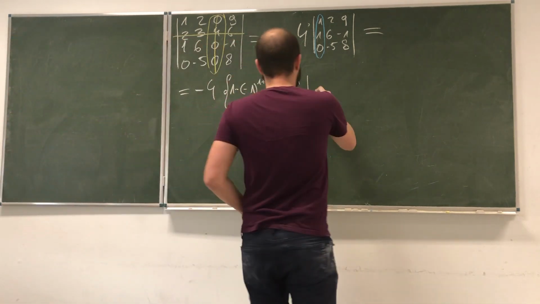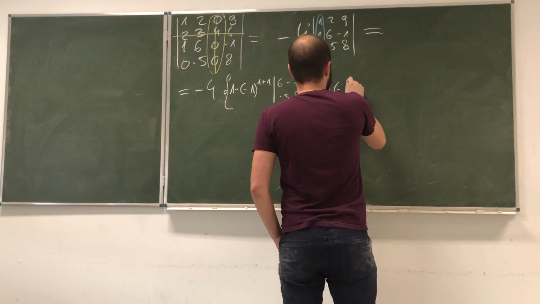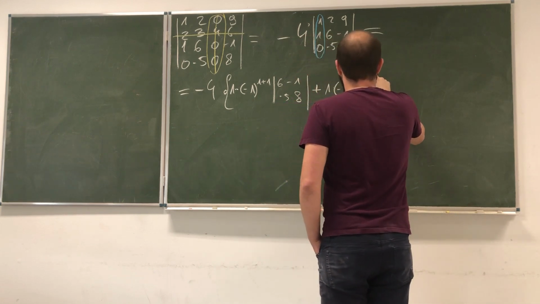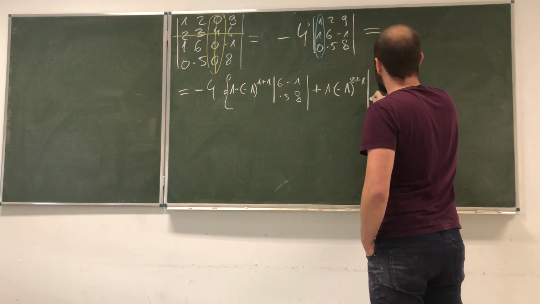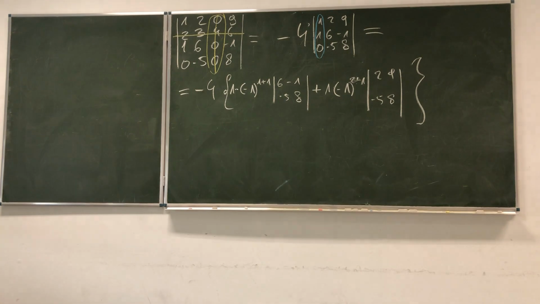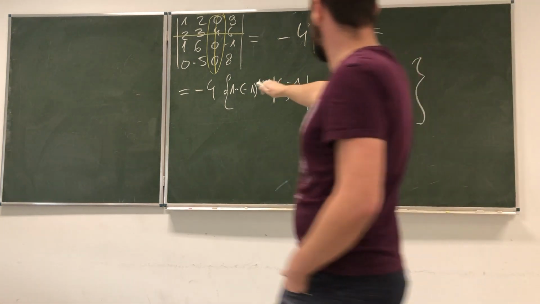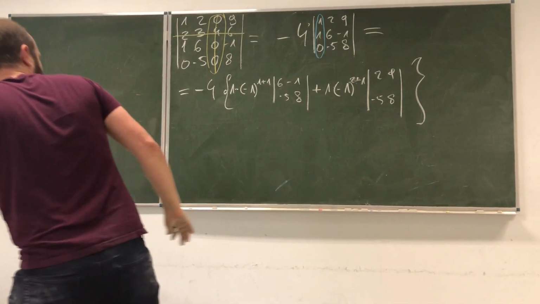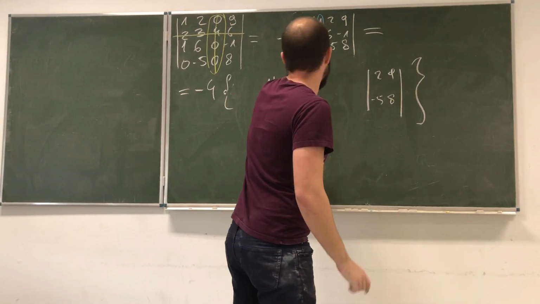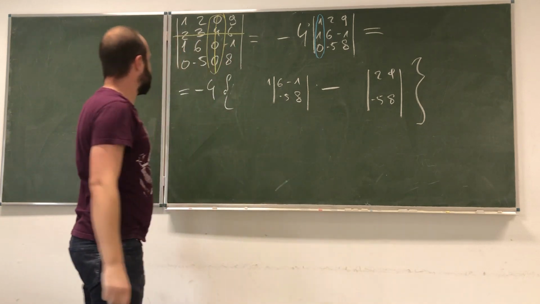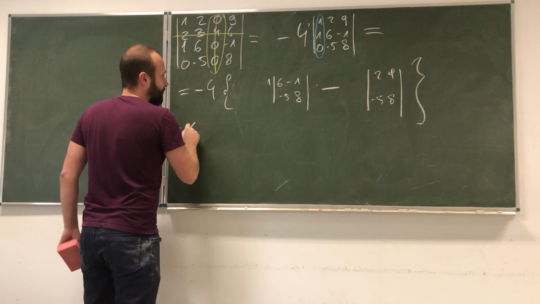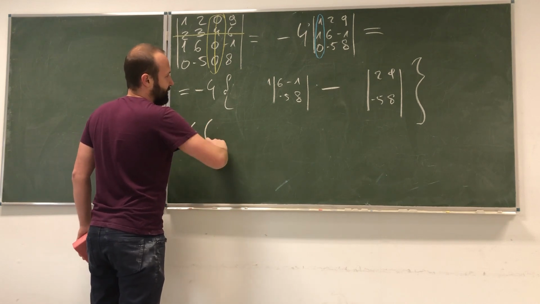Then the second element, plus 1 times negative 1 to the power 2 plus 1, and times the minor 2, 9, negative 5, 8. Now we clearly see that this is just going to be 1, and this is just going to be negative 1. So at this moment we can calculate everything step by step.